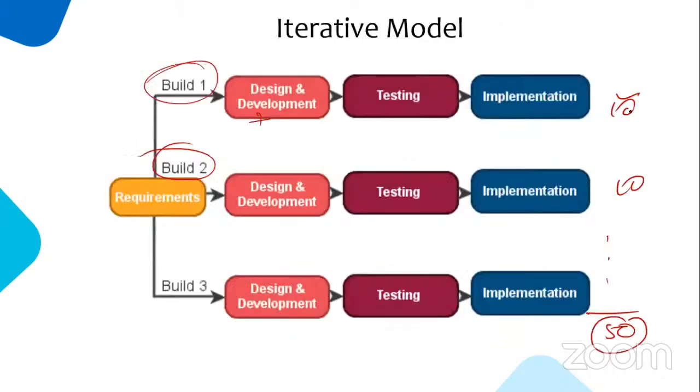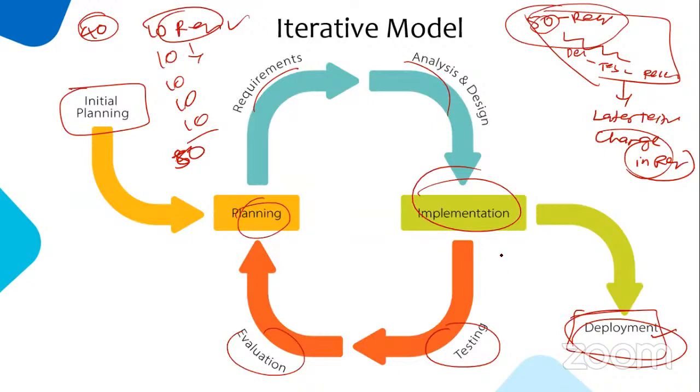So here, they will implement, okay, 10 test cases they have done. They give a prototype. Prototype means, see, your home page, login page, customer page. We will give them a URL.